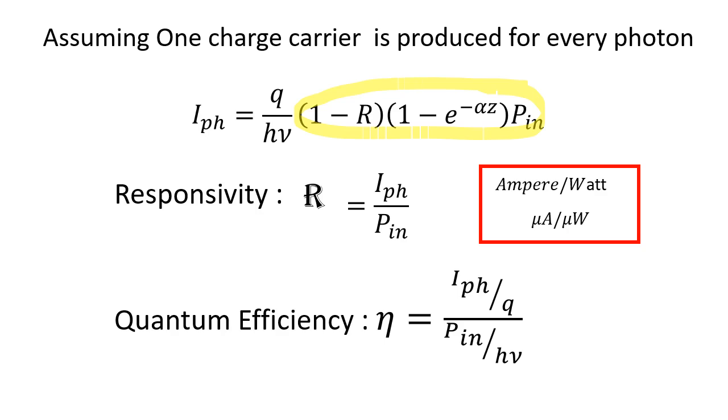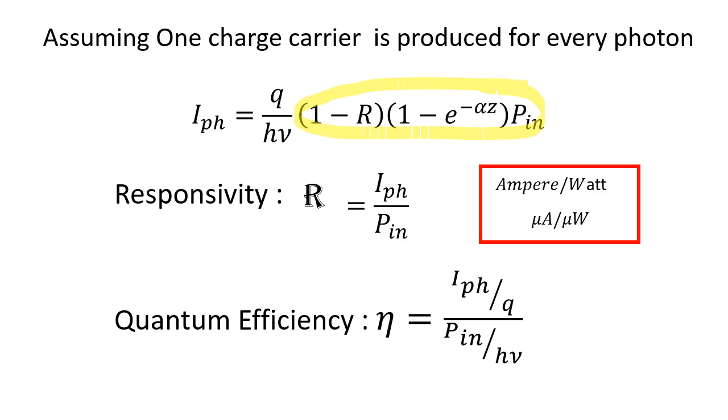This relationship gives me the relationship between the input and the response, the input being the optical power in and the response being the photocurrent in the external circuit that you generate because of the presence of the input signal. The ratio between these is what we call responsivity.